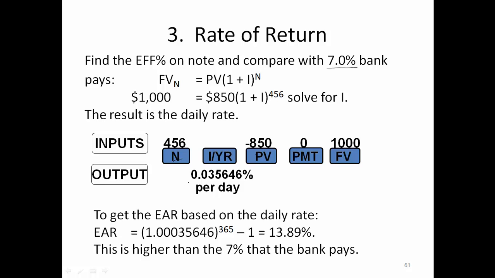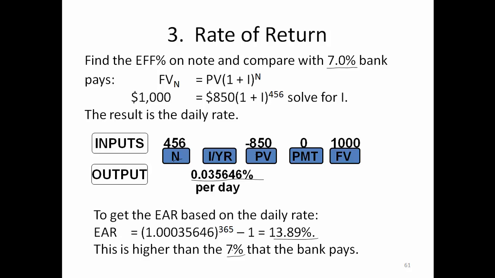Then our daily interest rate is this much, and we can also calculate the effective annual rate based on the daily rate. So we're using 1 plus the daily rate, compounded for 365 days in a year, minus 1, and we get 13.89% from this note, and that is much higher than the 7% effective annual rate that the bank pays.